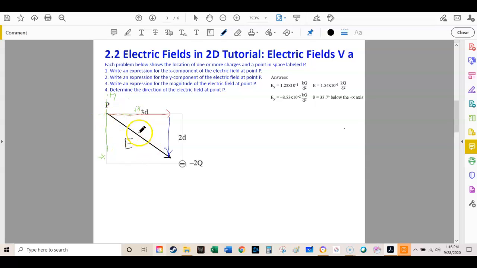The problem with this is that I have to break this up into up and down and left and right before I create my equations. So I've made a triangle over here, and I'm going to call this angle theta. I could have chosen this as theta as well, but actually, let me do that.